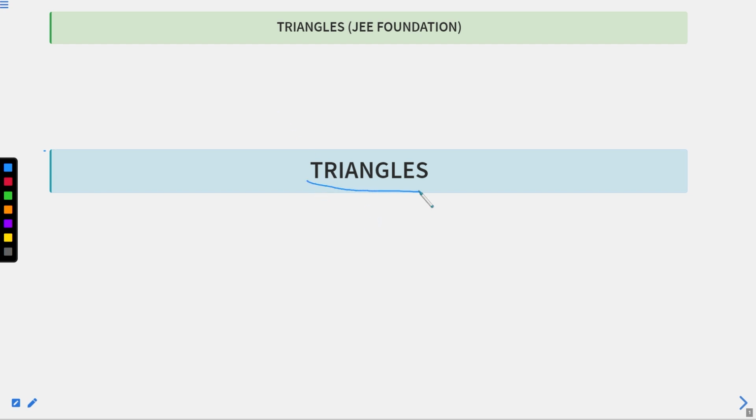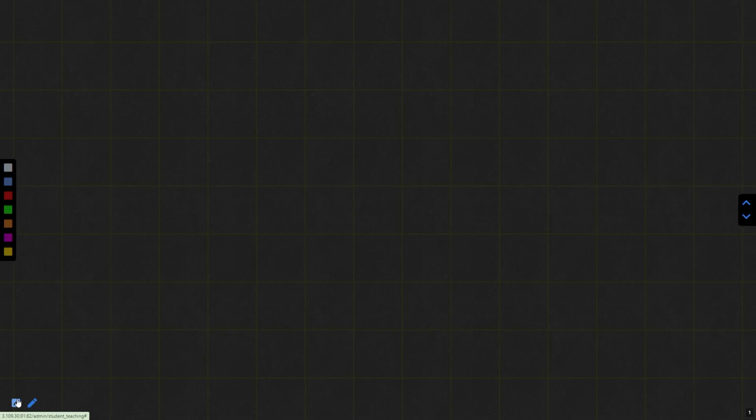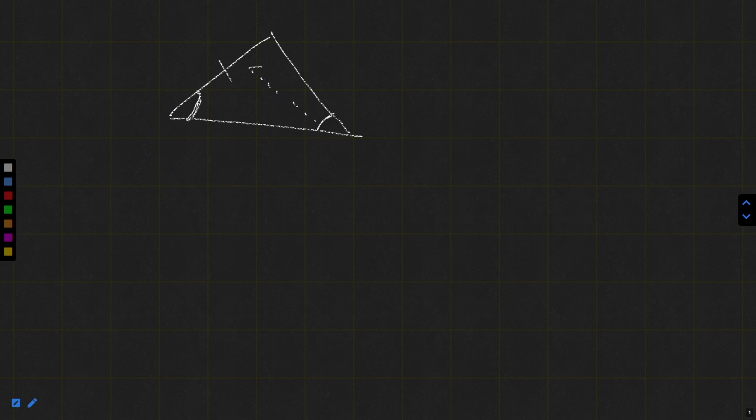Previously we saw many theorems. In one theorem, if any two angles in a triangle are equal, then their opposite sides must be equal in length. For example, the opposite side for this angle is this, and the opposite side for this angle is this.